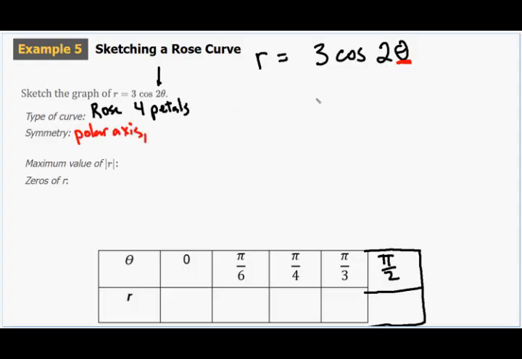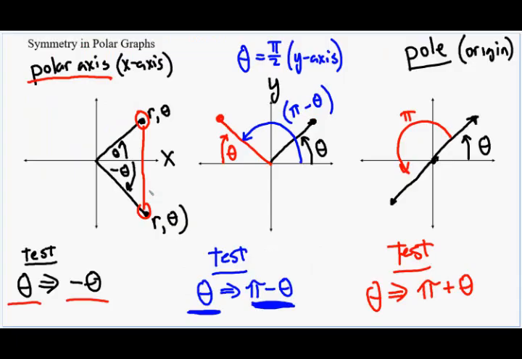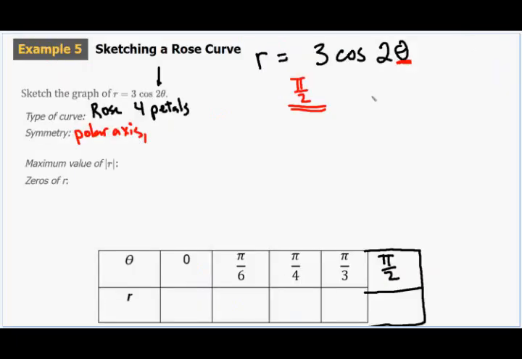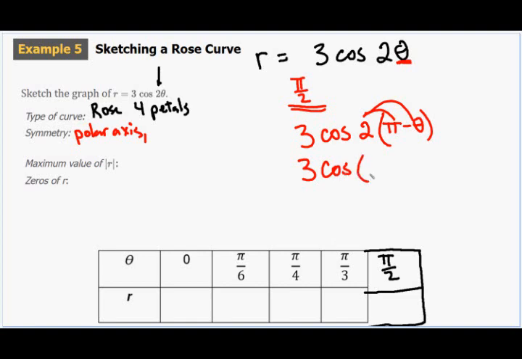All right, let's check now for pi over 2, or y-axis symmetry. So we're going to replace theta with pi minus theta. So this is going to be 3 times the cos of 2 times quantity, pi minus theta. Well, my algebra in me tells me to distribute the 2. So now that's 3 cos of 2 pi minus 2 theta. And just because I feel like it, let's reverse those orders.